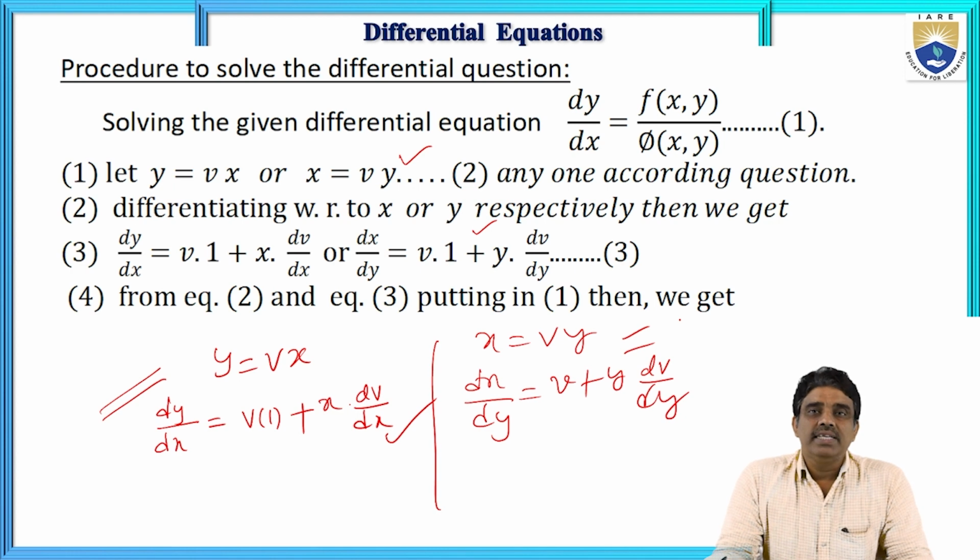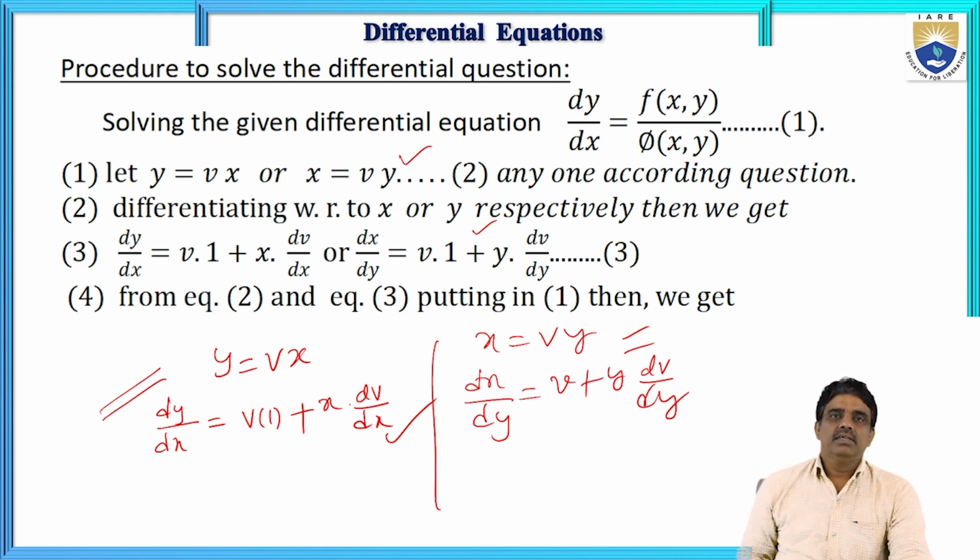If y is equal to vx, then the derivative dy by dx will be v plus x into dv by dx. If you take x is equal to vy, then dx by dy is equal to v plus y into dv by dy.